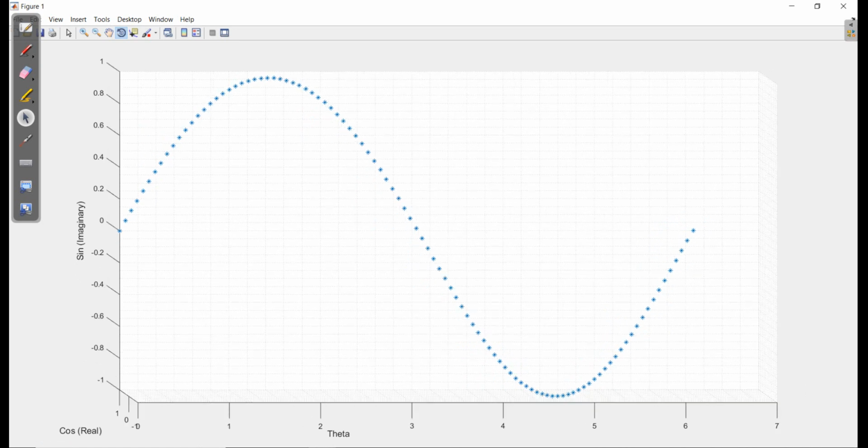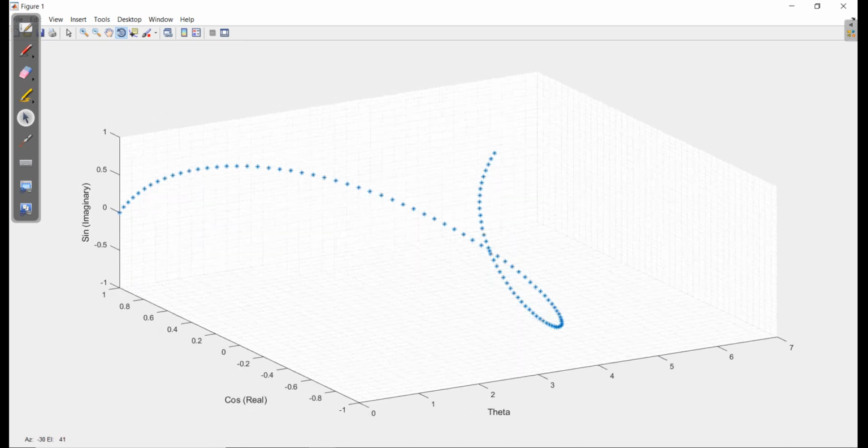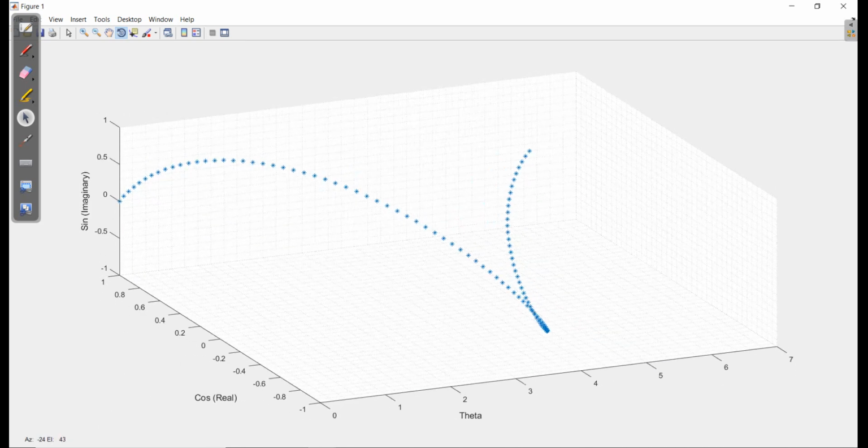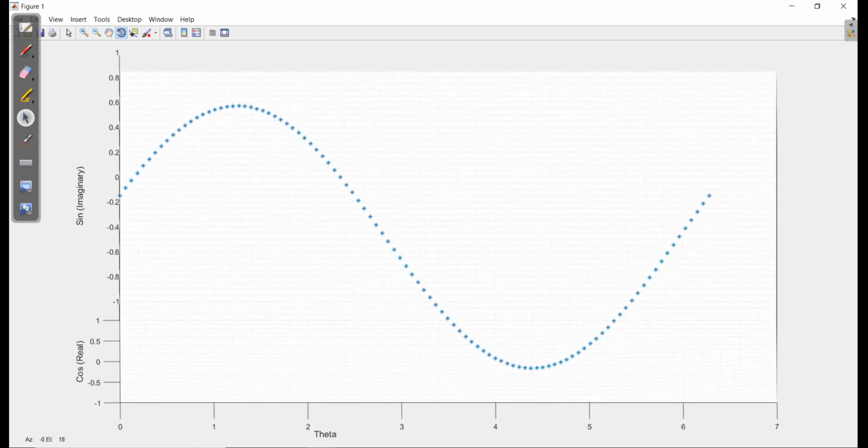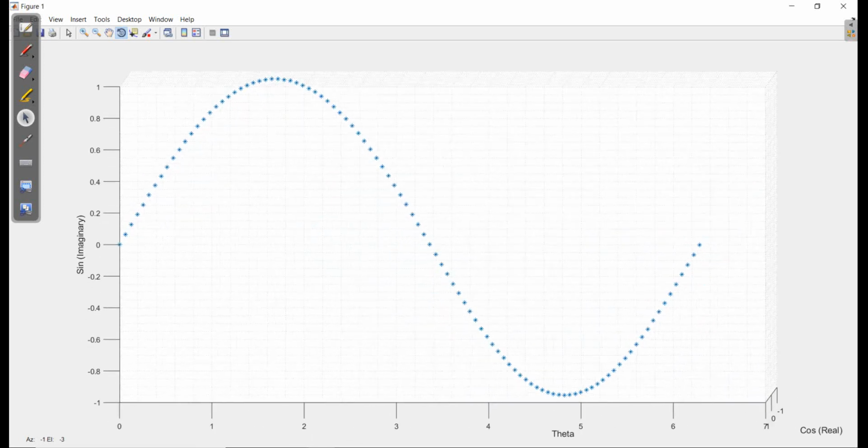You can see that I'm just looking at the projection that this complex exponential makes onto the imaginary axis. So it's the same signal, the complex exponential, the projection of which we are looking at on the real part and the imaginary part. See that this is a pure sinusoid.